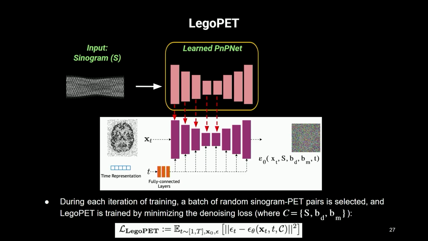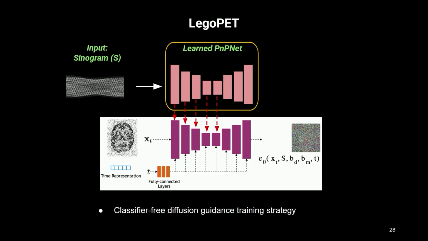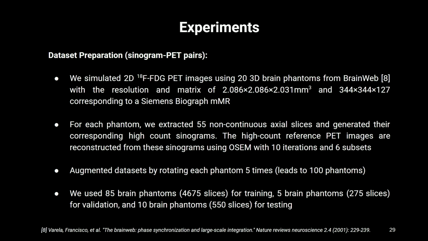During each iteration of training, we randomly select a batch of sinogram and PET pairs and train by minimizing the denoising loss. And we also use the classifier-free diffusion guidance training strategy, which helps ensure the reconstructed results are more aligned with the conditioning information.